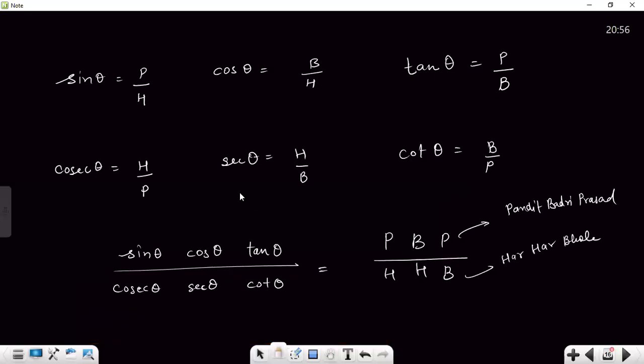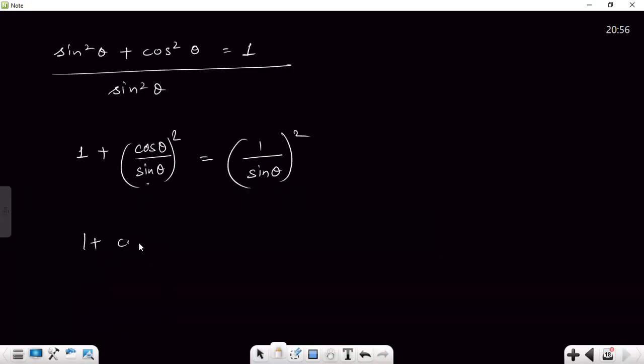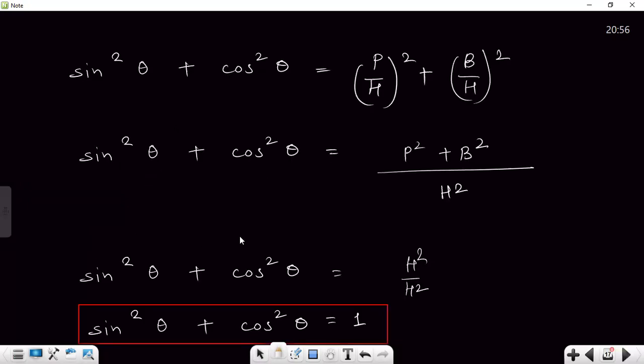We are aware that tan theta is p by b, which can be further written as p by h into h by b. P by h is basically sine theta and b by h is basically cos theta. So this can be written as the multiple inverse, cos theta upon sine theta. Hence cos theta by sine theta is cot theta, and its square is cot square theta. Now notice one thing, that I'm writing the square on cot, not theta. 1 by sine theta is what?